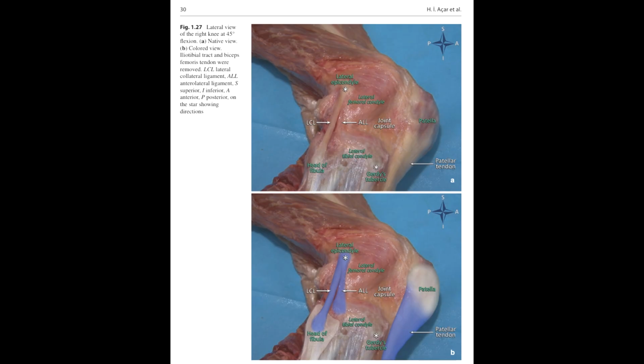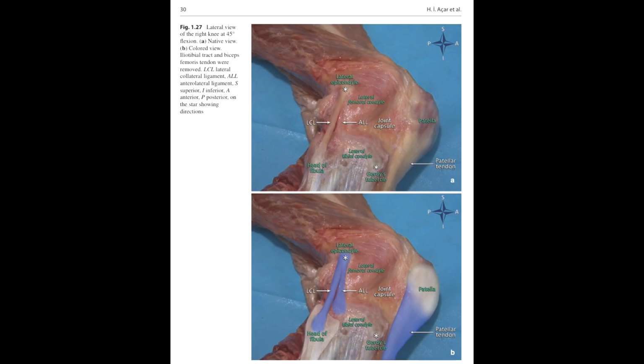The anterolateral ligament, ALL. Just anterior to the lateral collateral ligament, you can see this more recently described structure. The anterolateral ligament extends from the lateral epicondyle down toward the anterolateral aspect of the tibia near Gerdy's tubercle and the lateral tibial condyle.